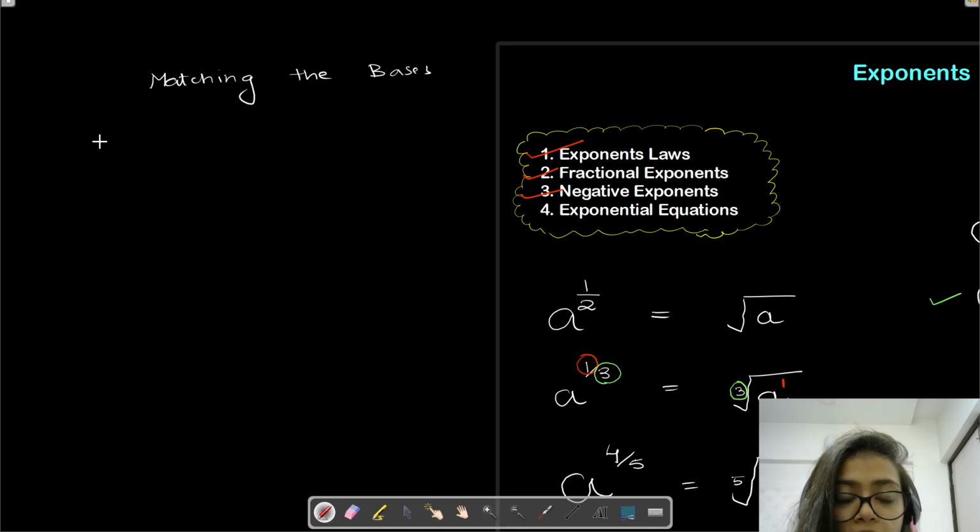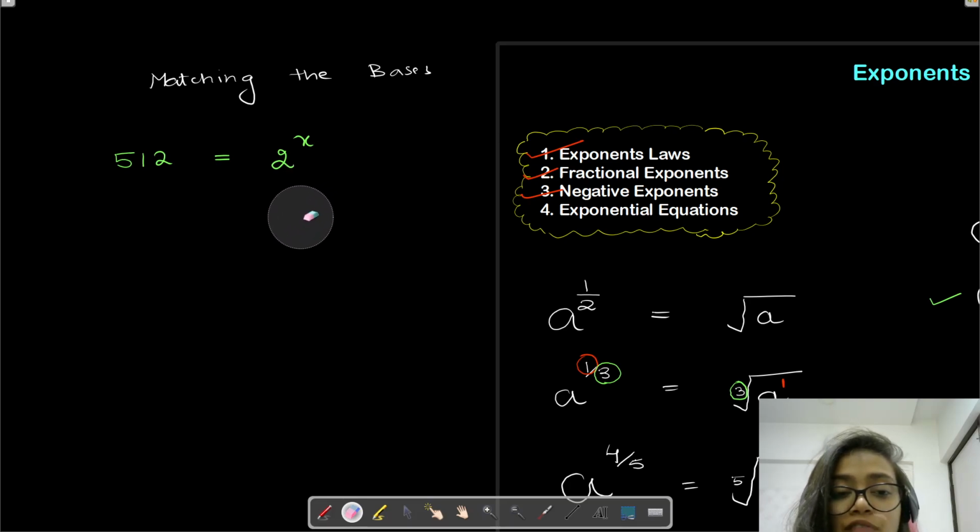Let's say we have a problem like this: 512 is equal to 2 raised to 2 raised to x. We have a problem like this and we have to find out the value of x.